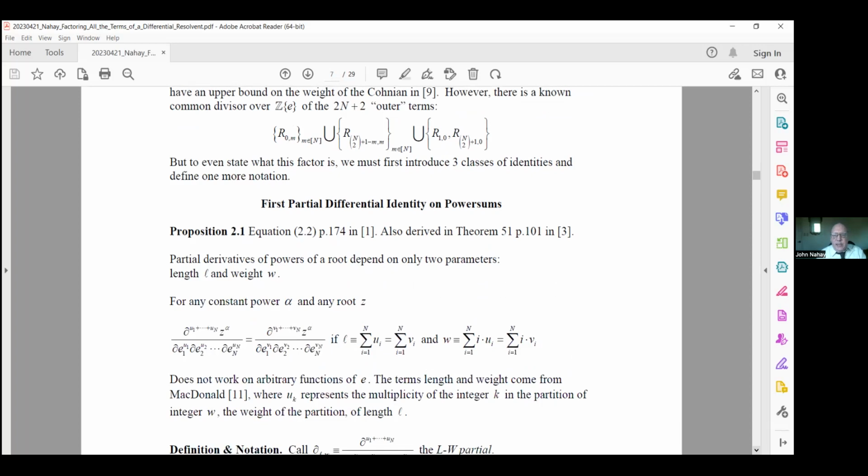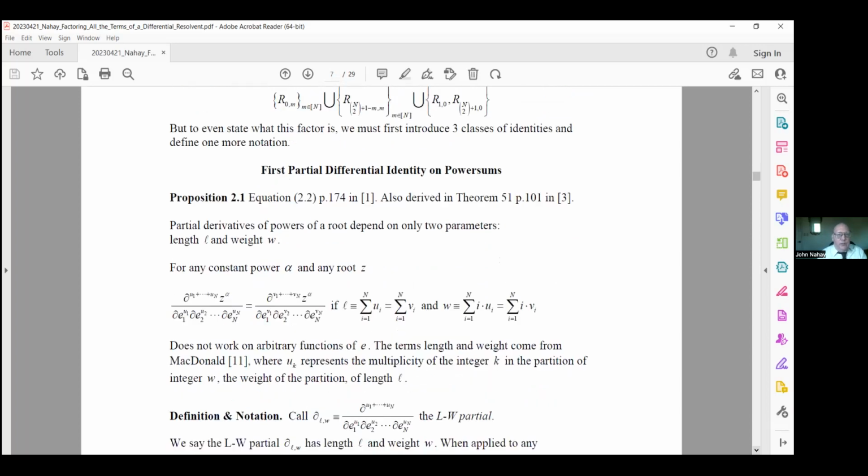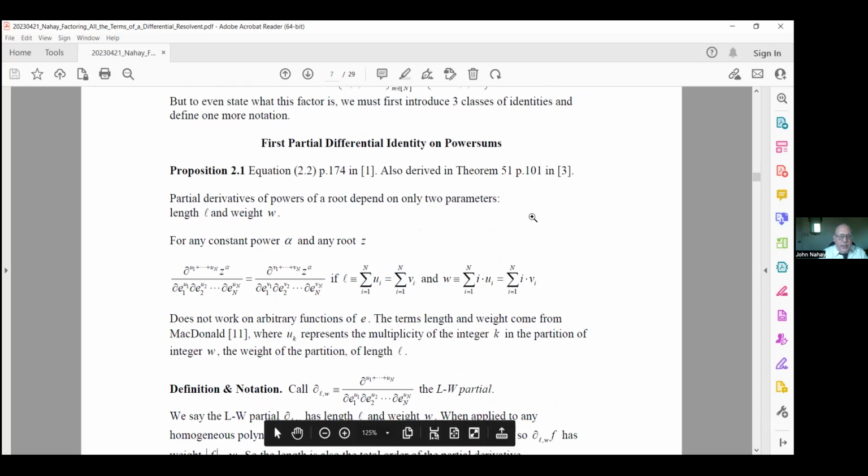The first identity says that for any power of a root z, partial derivatives of powers of roots depend on only two parameters, length L and W, where in the partial derivative with respect to the E1 through En, the total differential order is the same, and the total weight, the weighted sum, is the same. And this partial derivative has to be applied to z to the alpha, or powers of the root.